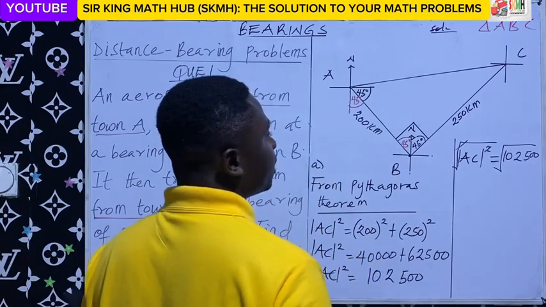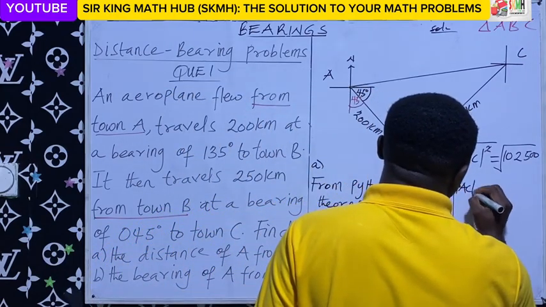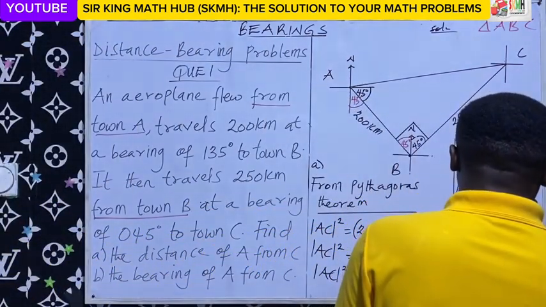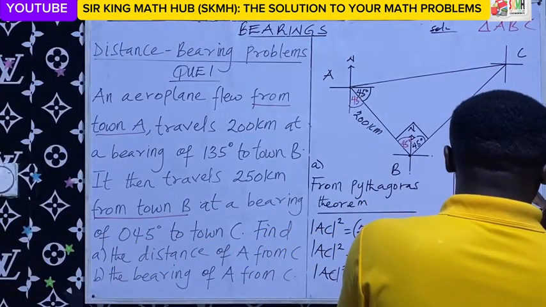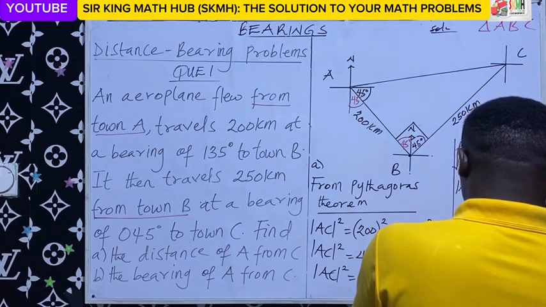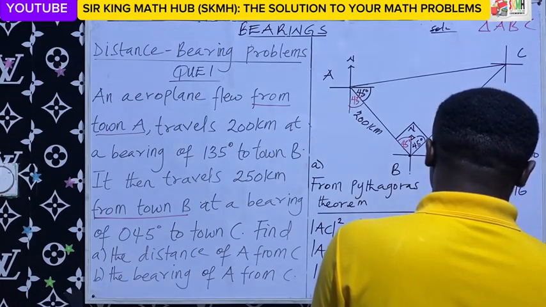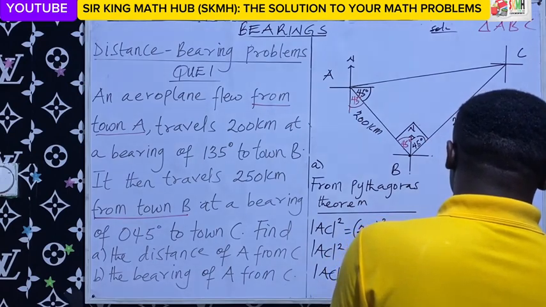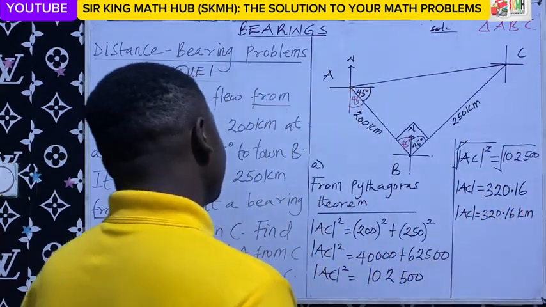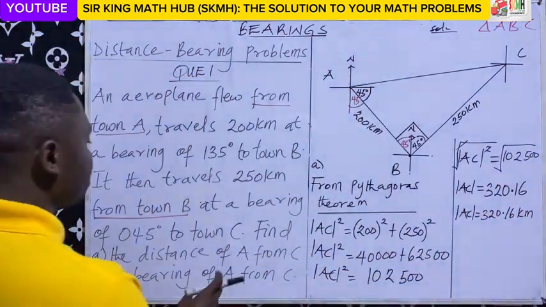The square root and the square will cancel out, leaving AC equal to the square root of 102,500, which is 320.16 to 2 decimal places. So AC is equal to 320.16 kilometers. That is the distance of A from C.